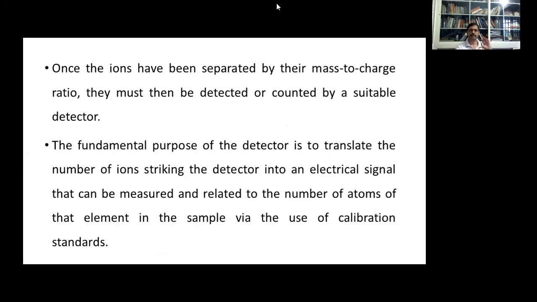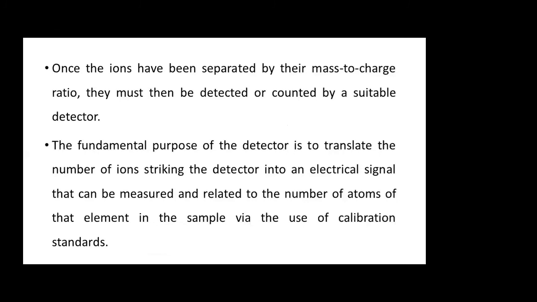Once the ions have been separated by their mass to charge ratio, they must then be detected or counted using a suitable detector. Why is this detector used? The main purpose of the detector is to translate the number of ions striking the detector into an electric signal, because transduction is a required part of almost all instrumental methods of analysis.